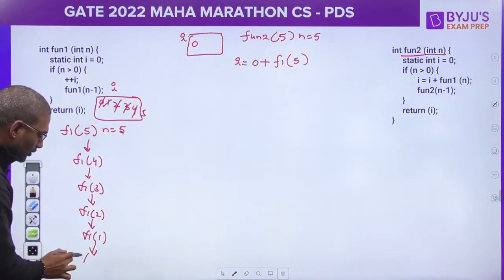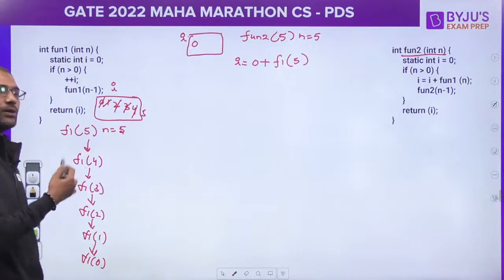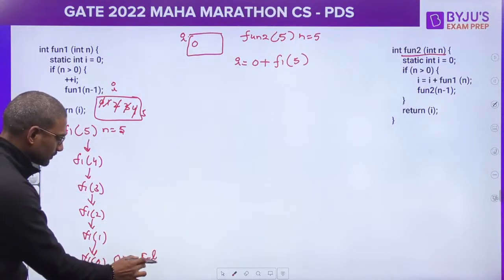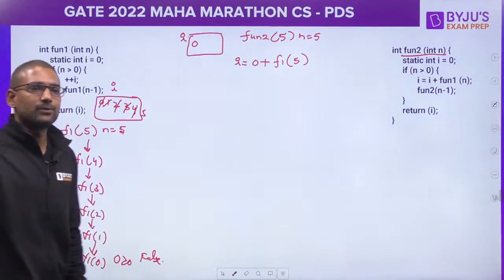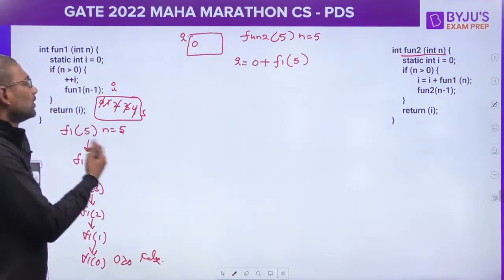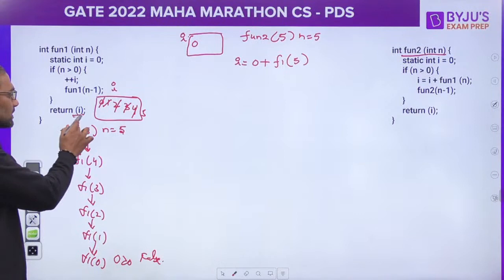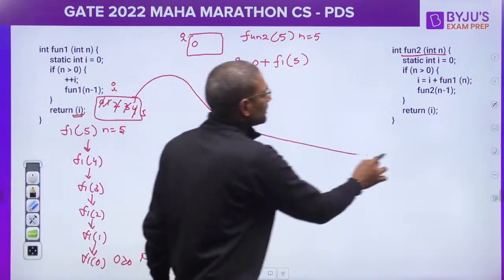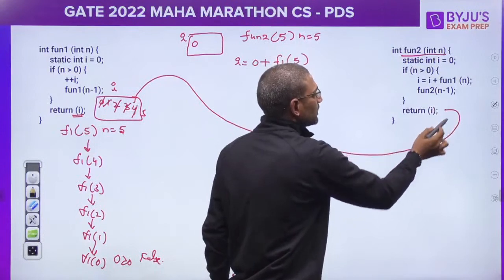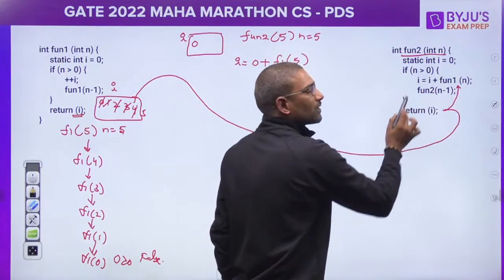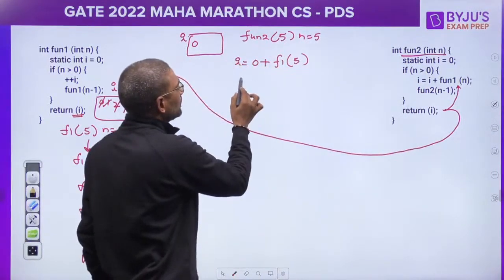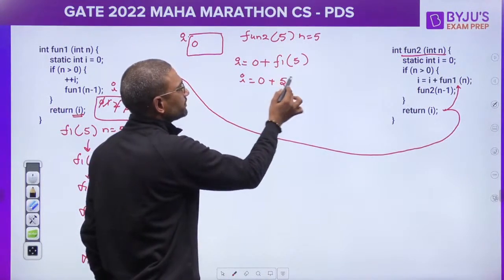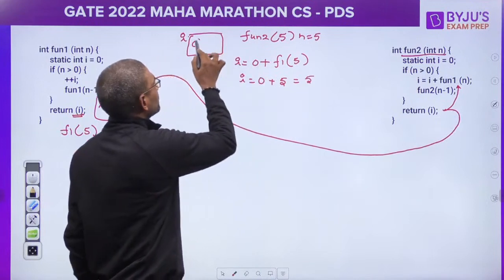When it goes to fun1 of 0, 0 greater than 0 would be false. So what does it return? The i value. So this is i is equal to 0 plus 5, that is 5.